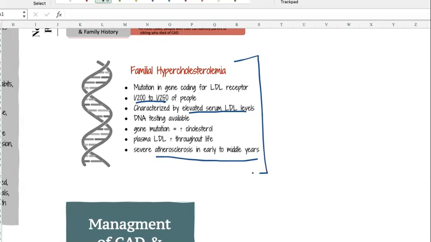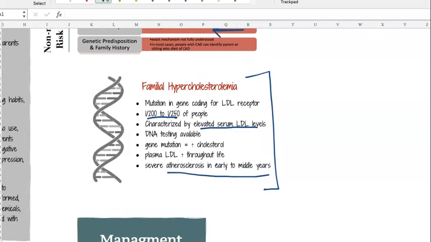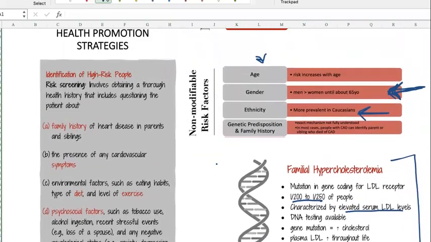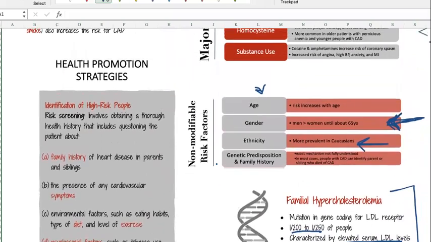Again, we don't know a whole lot about it. We just know that this gene mutation causes people to have an increase in LDL and cholesterol throughout their entire life, and we know what that would do in terms of a risk for coronary artery disease.